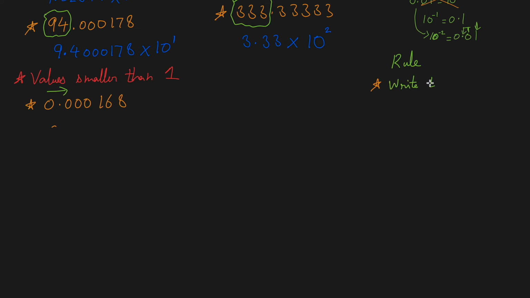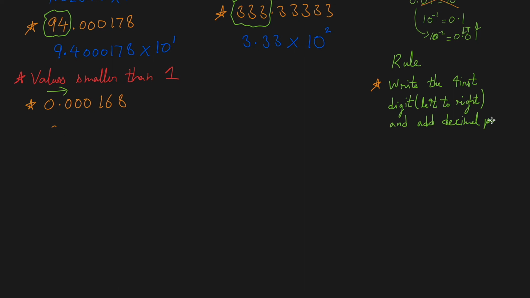Write the first digit that you encounter from going left to right, and then add the decimal point.